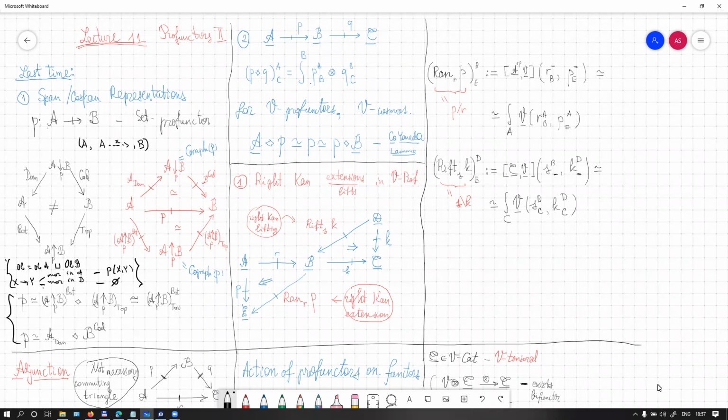This bifunctor has fixed A and C, and we are changing B in covariant and contravariant position. So it's a well-defined functor from B op cross B to Set or to cosmos V, and from that functor we are taking the coend. This gives us the composition.